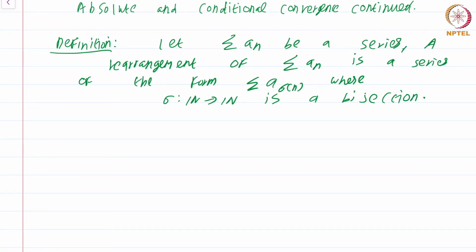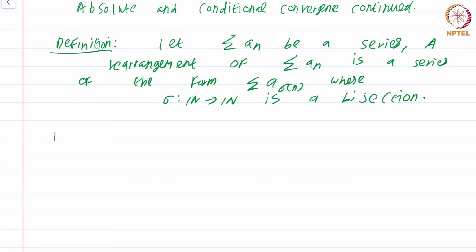In the last module, we saw that if you rearrange the terms of a conditionally convergent series, all sorts of weird things can happen. We had not formally defined what a rearrangement is in the last module, and now we have rectified that issue. Now I am going to prove that this pathology, that when you rearrange a series you get a different series, cannot happen when you consider absolutely convergent series.